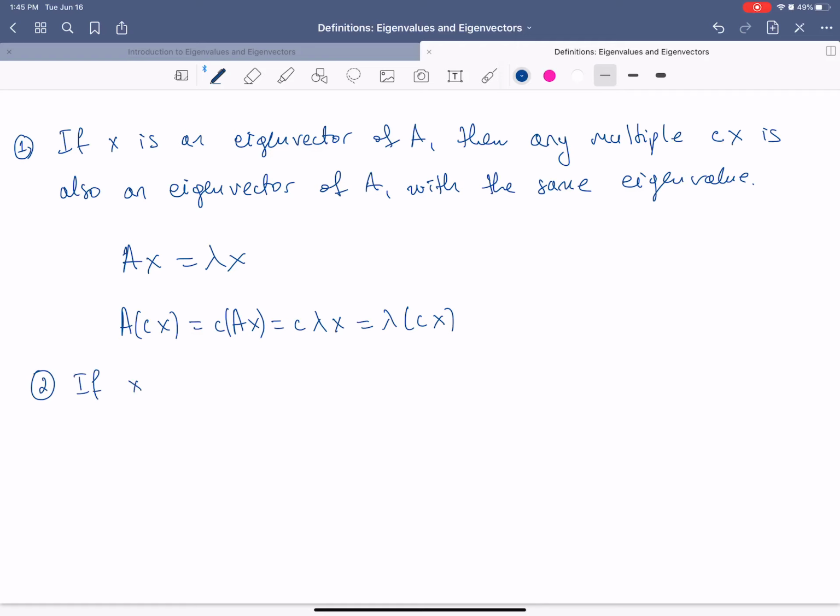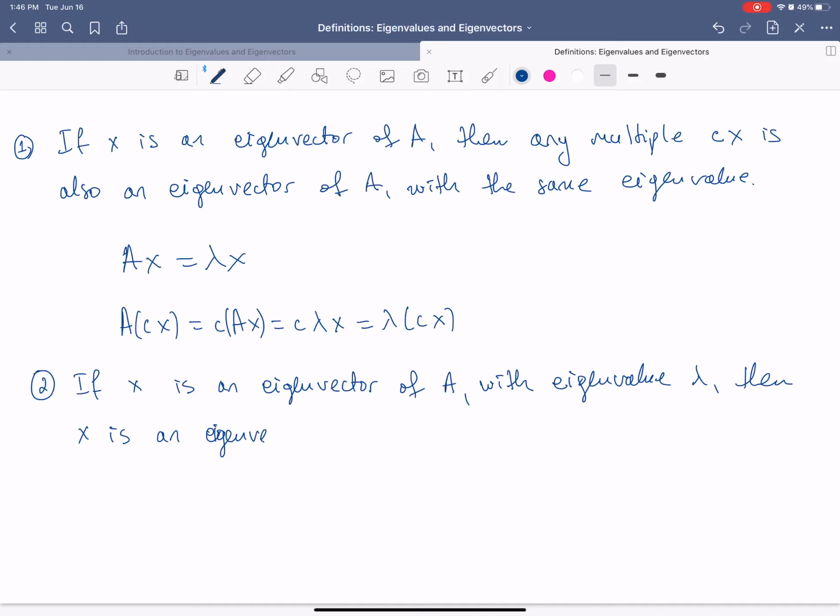If x is an eigenvector of A with eigenvalue lambda, then x is an eigenvector of A squared with eigenvalue lambda squared. How can we see this?